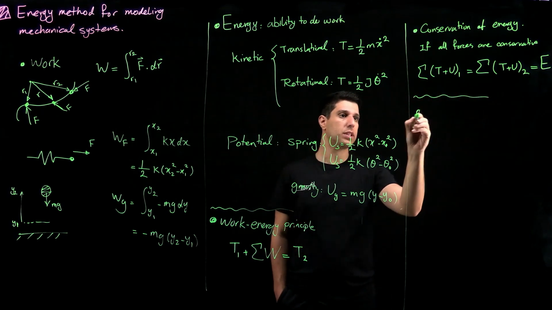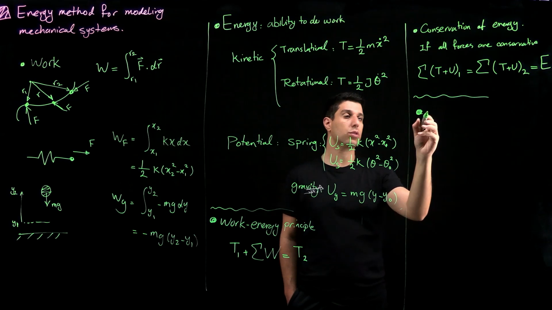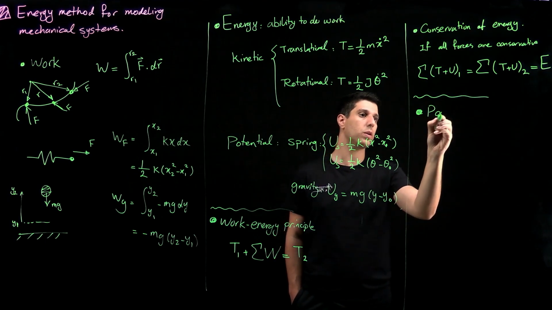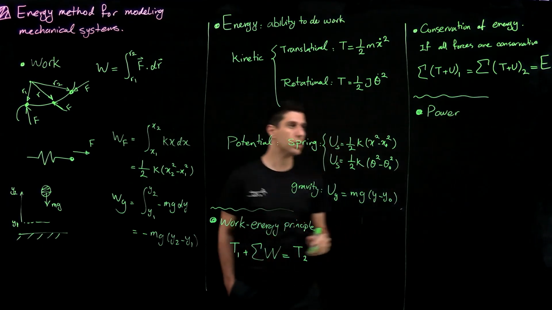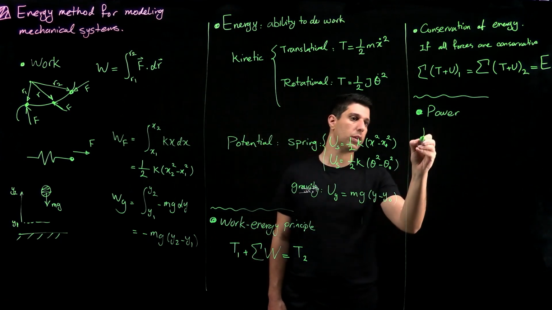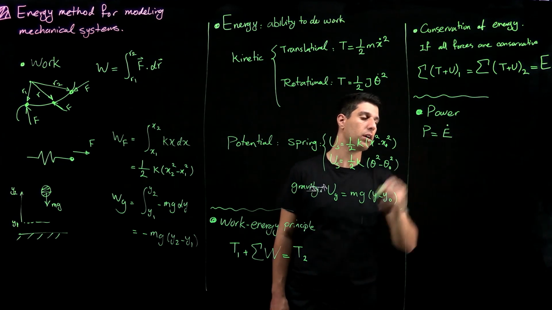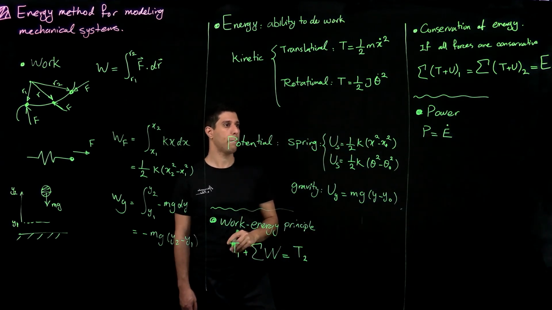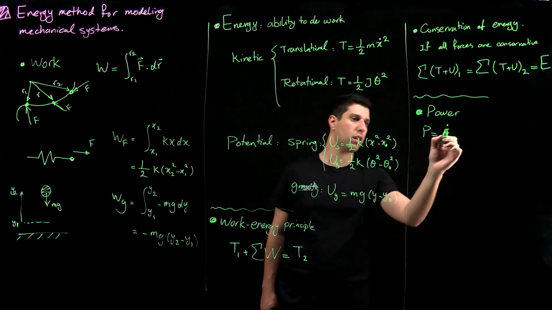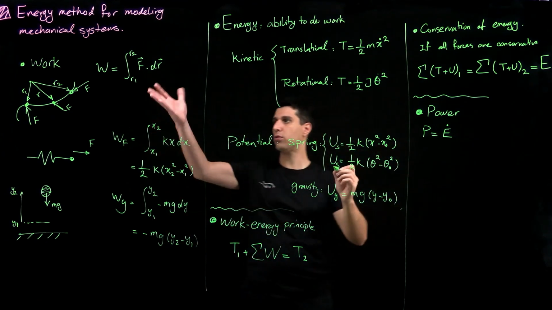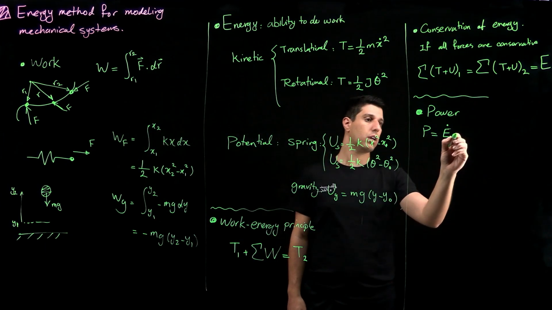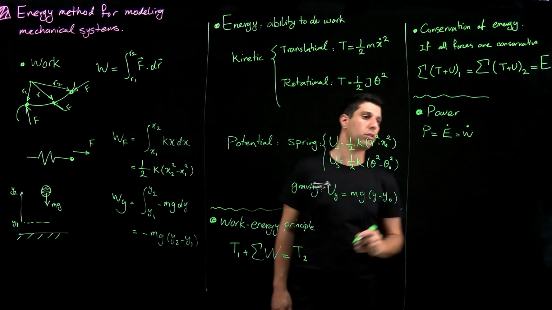And the last bit of terminology or concepts, the concept of power. Power, let's call it P, is defined as the rate of change of energy, E dot, or thinking of work as another form of energy, W dot.